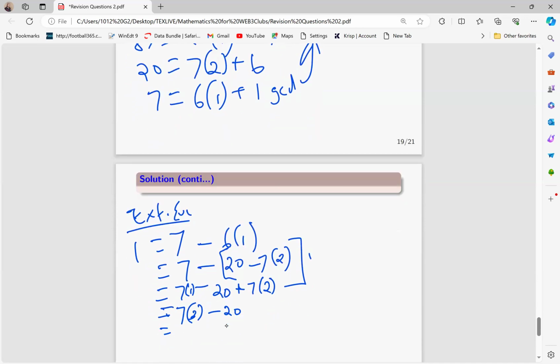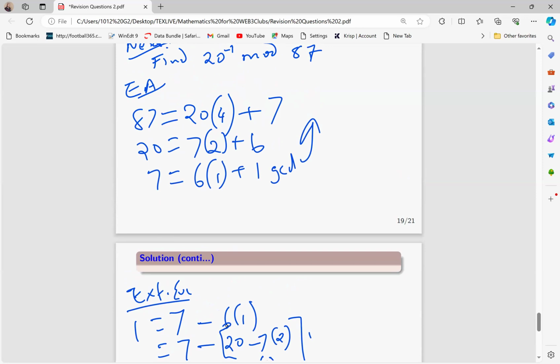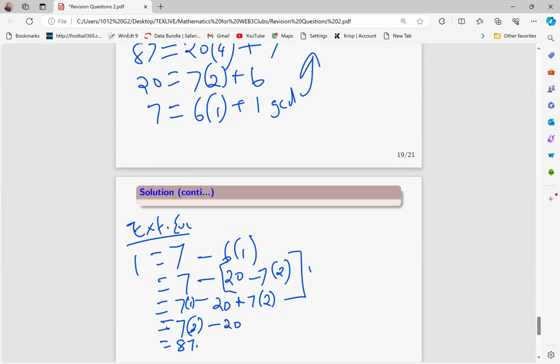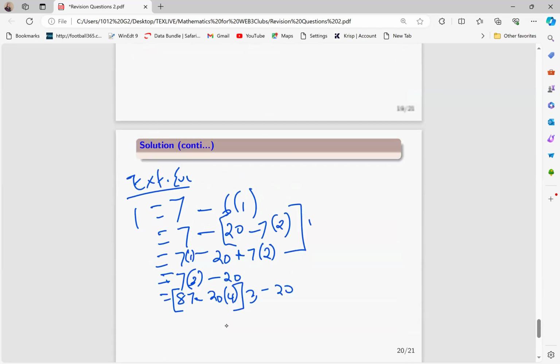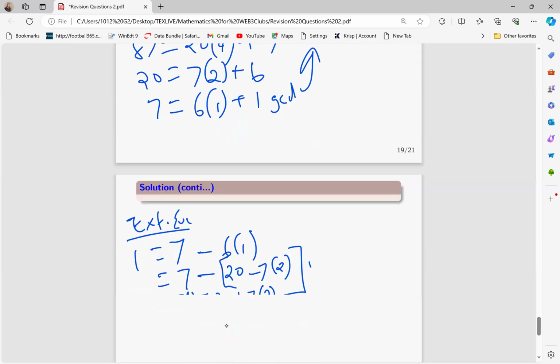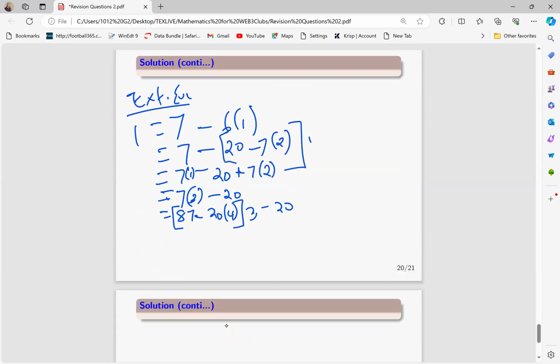Okay. So 87 minus 20 by 4, all this multiplied by 3. Then minus 20. Right? Okay. So let's open this. So it's 7 by 3.